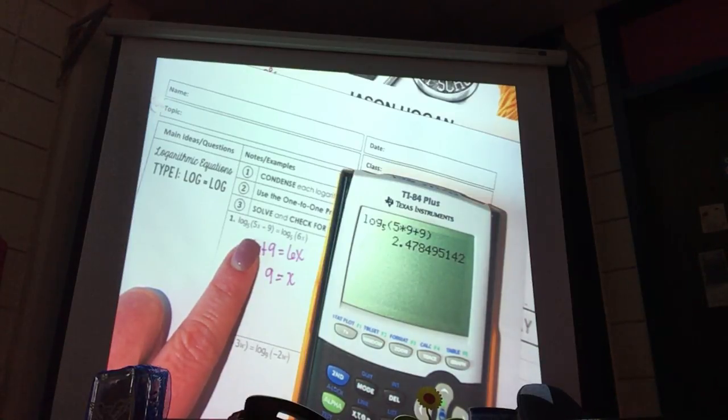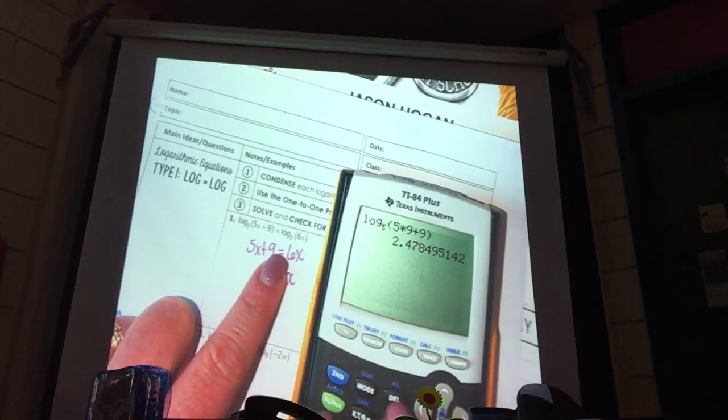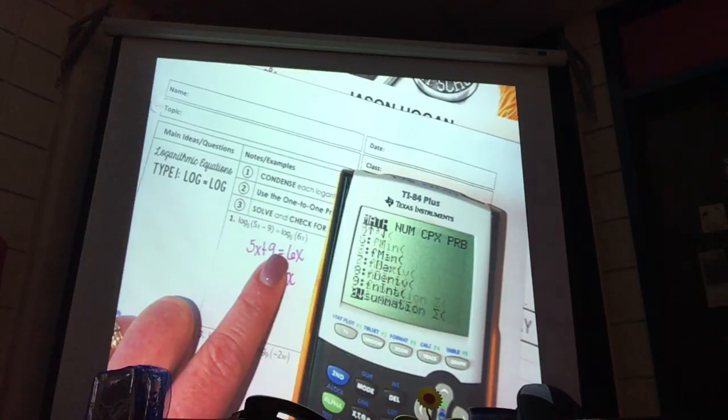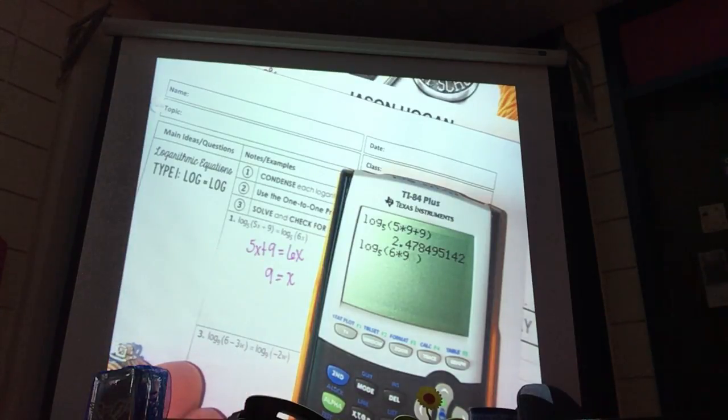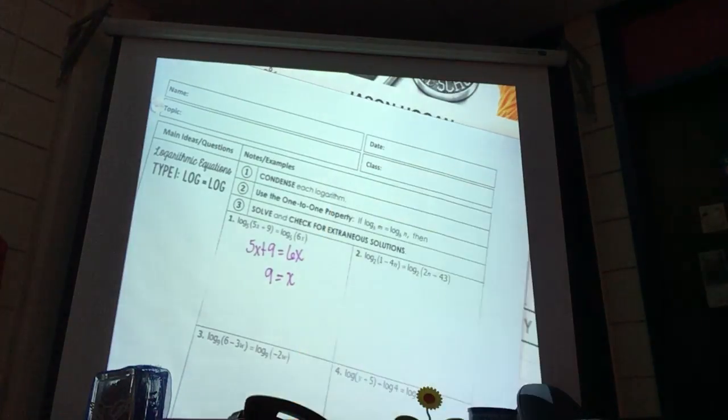Is everybody with me there? Yeah. Now go back to log base. So math, arrow down to A. And I have log base 5 of 6 times 9. Do I get the same thing? Yes. So that works.